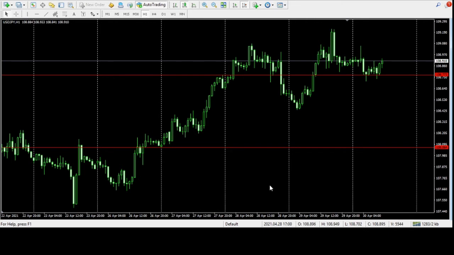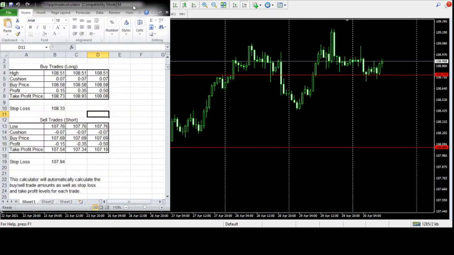Okay, so then you go to the calculator. Let me open the calculator here. This calculator will automatically calculate the buy and sell trade amounts, as well as stop loss and take profit levels for each trade. On the 27th we have our high, so you put it here.